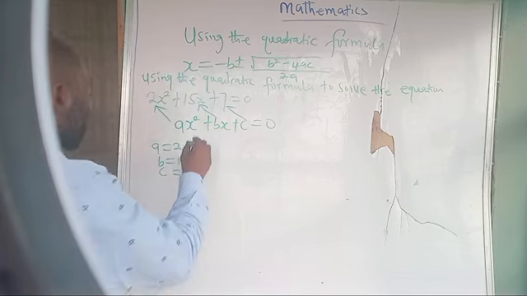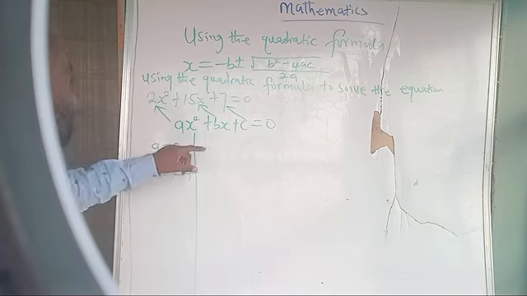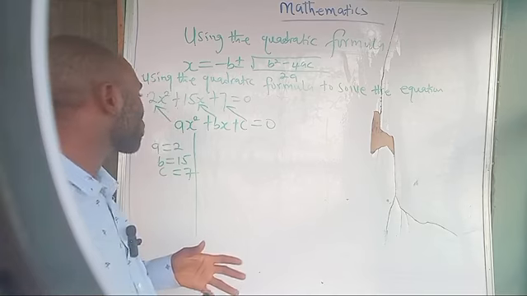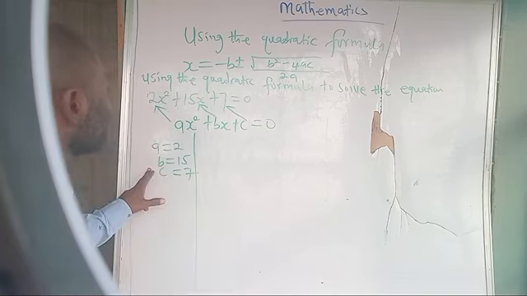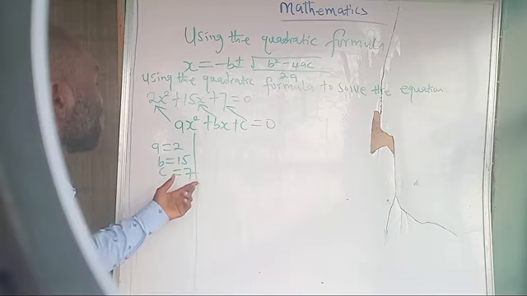So now we are going to use the quadratic formula. Where we see a, we put 2, where we see b, we put 15, and where we see c, we substitute 7.